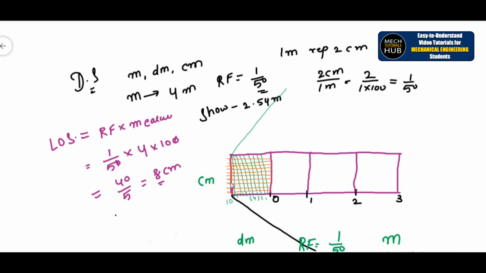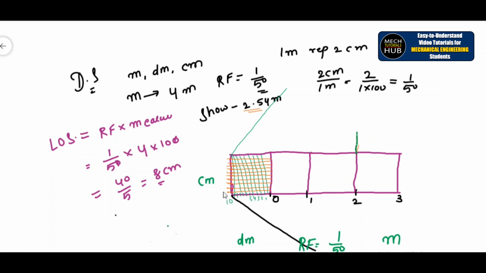Similarly, now once everything is done, you need to measure a distance of 2.54 meters, one leg on 2 meters and one leg here somewhere. You need to calculate now. 0.5 means 5 decimeters. This is the fifth line, and then 4: 1, 2, 3.